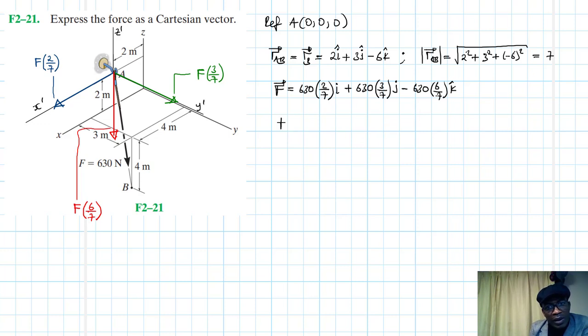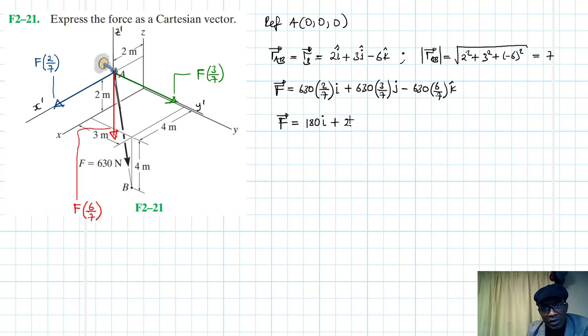Alright, and then finally we have our force vector, which is just going to be equal to 630 by 2 divided by 7. This gives us a 180 i plus 630 by 3 divided by 7.